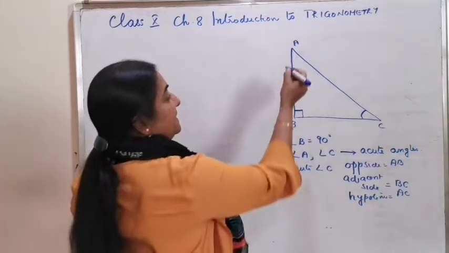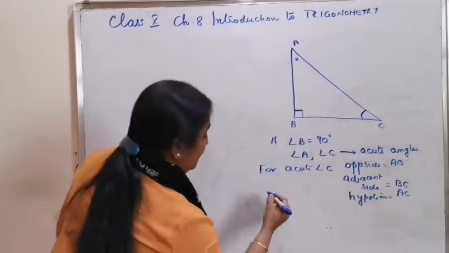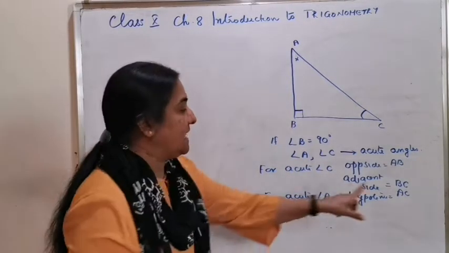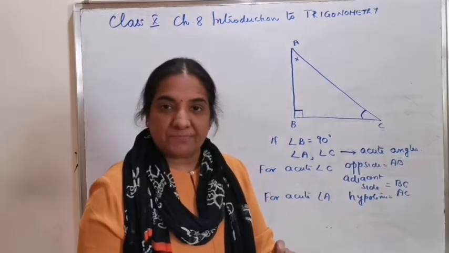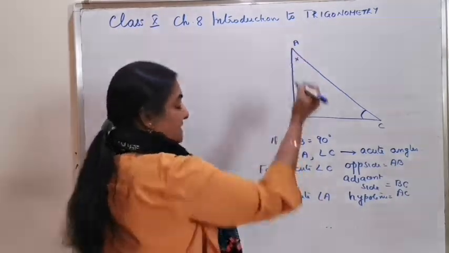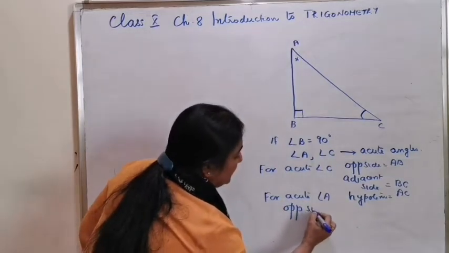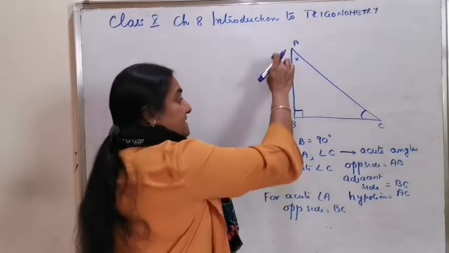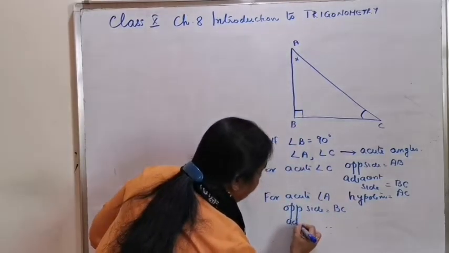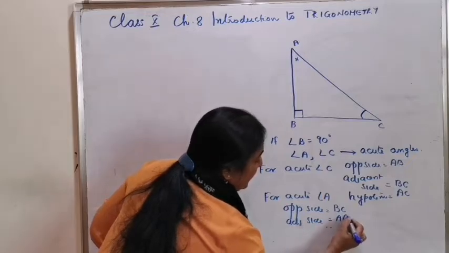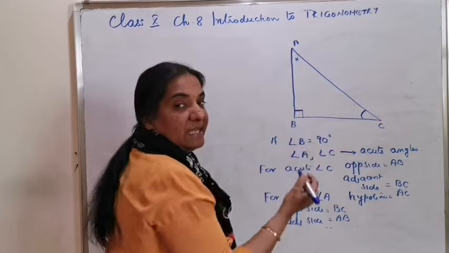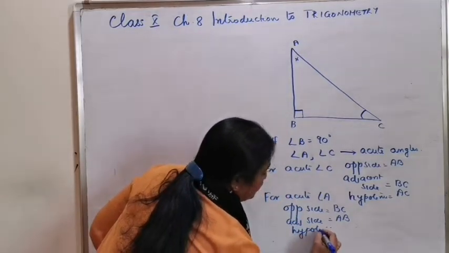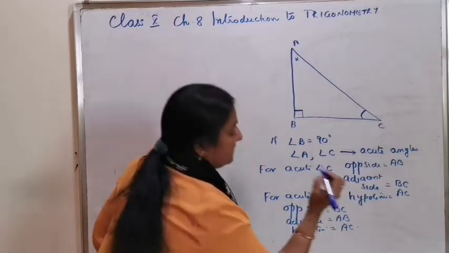If you consider acute angle A, it is not the same as what we mentioned here. What is the opposite side for angle A? The opposite side is BC. The adjacent side is AB. And the hypotenuse is always AC because angle B is 90 degrees.